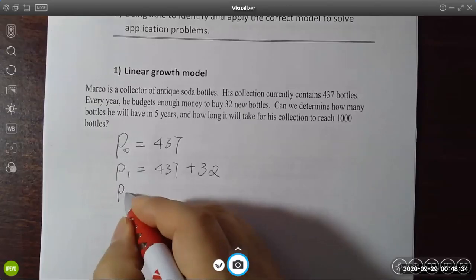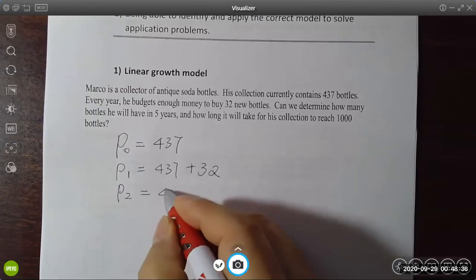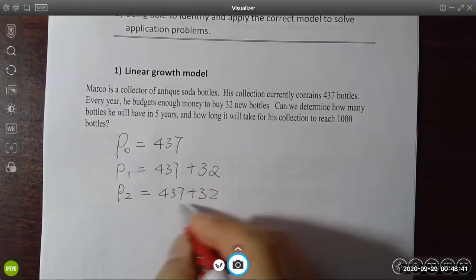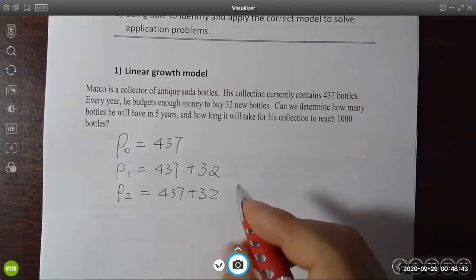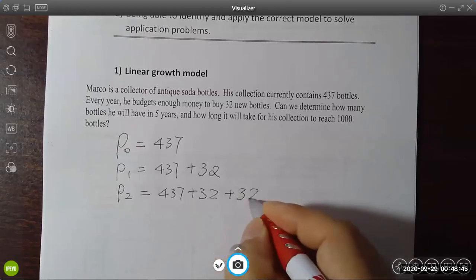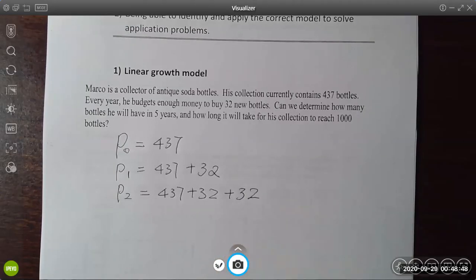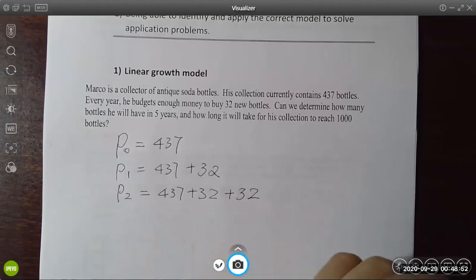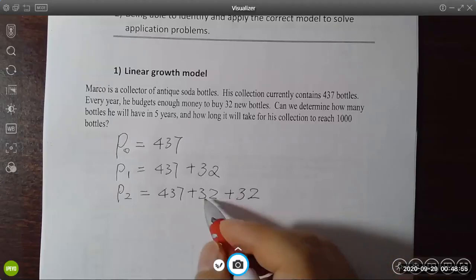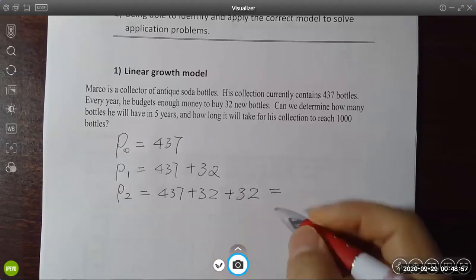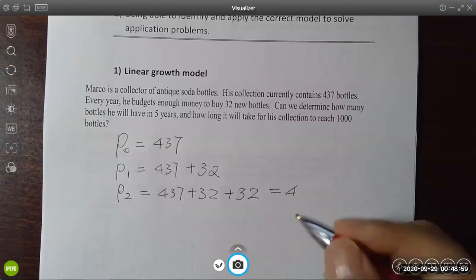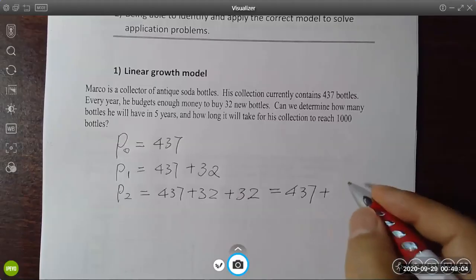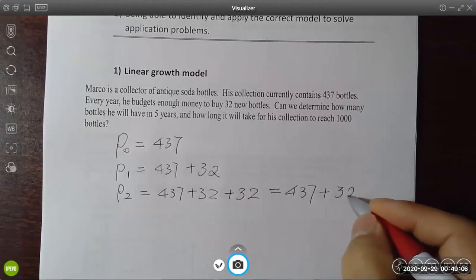Now, another year passed, so we have 437 plus 32, that's the previous year's number, and now we add another 32. In other words, we have two 32s now. After 2 years, we have two 32s because each year he will buy 32 bottles. That makes sense. I'm going to rewrite this in a more compact way: 437 plus 32 times 2.